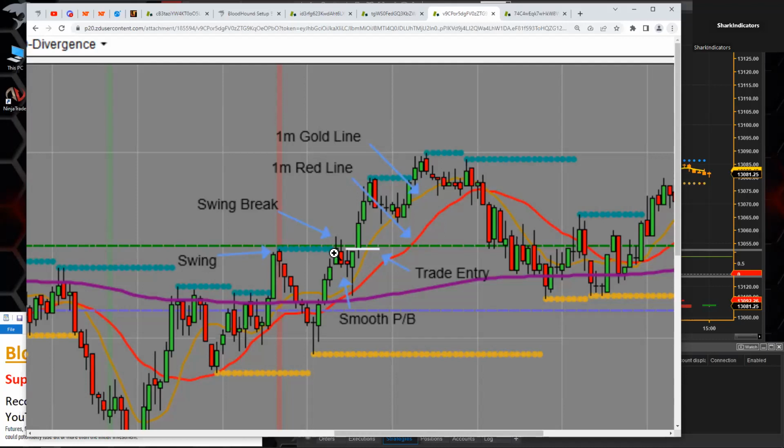So let's see. All right. So next we have a bar that breaks the swing high here, and then we get a smooth pullback. And yeah, this long up bar, we can see the wick touches the 9 EMA. The white line was actually extended a little too far forward.